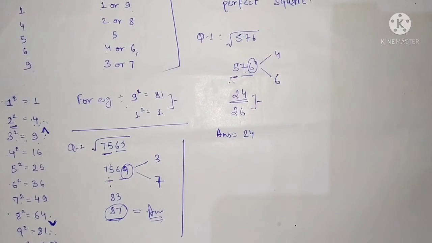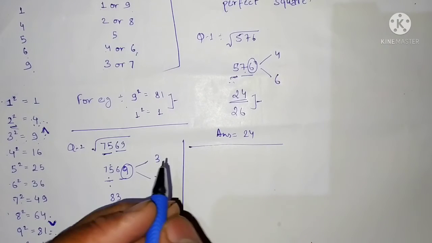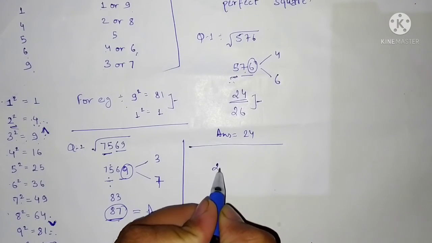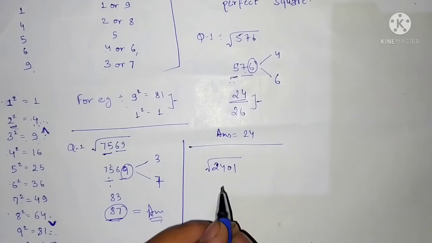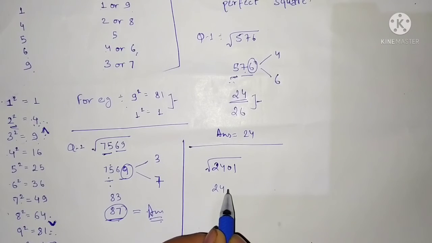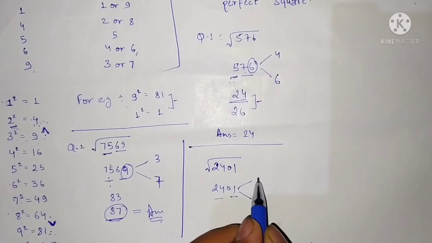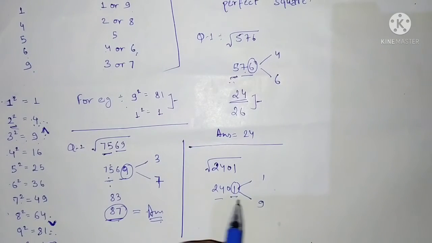Now the next question is 2401. How will we do it? Again we will make pairs. This time I will do it a little bit faster. 1 is the unit digit, so the answer must end in 1 or 9.